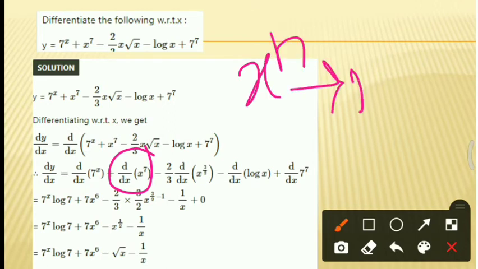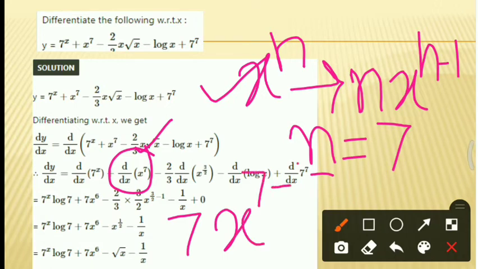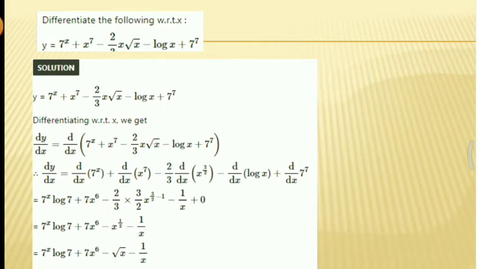Derivative of x raised to n is n into x raised to n minus 1, and here after comparison we will get n is equal to 7. So by using this formula, derivative of x raised to 7 will be 7 into x raised to 7 minus 1, and that is 7 into x raised to 6, minus 2 by 3 as it is.